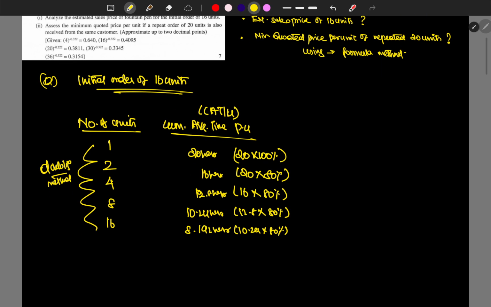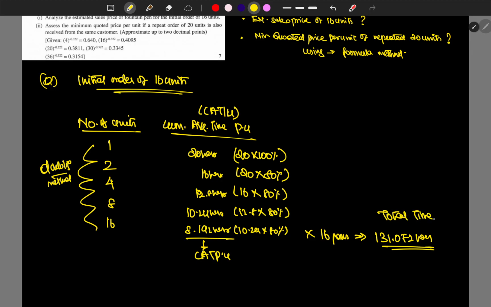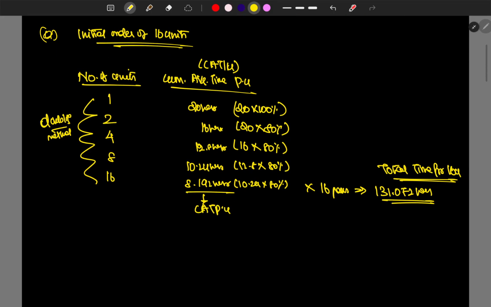So we found the cumulative average time per unit for 16 units. If we multiply by 16, we get the total time, which is 131.072 hours for 16 units.